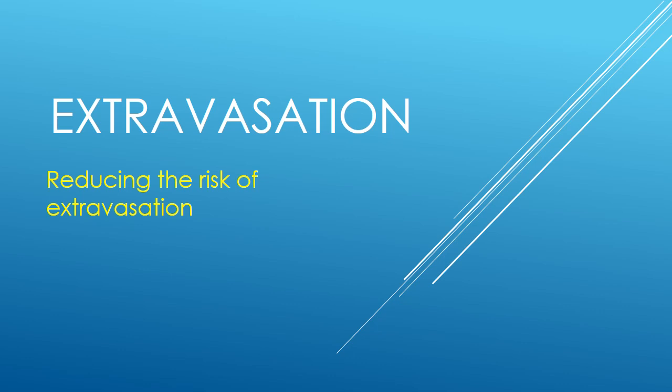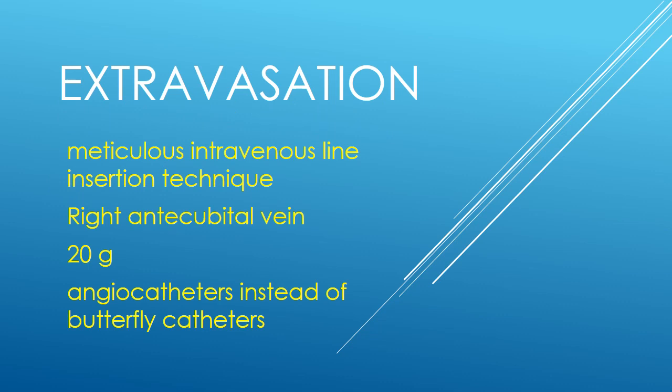What do you do about reducing the risk of extravasation? How do you give IV contrast so that there is very little risk of extravasation? Obviously, whenever you're putting in an intravenous line, you do it meticulously.